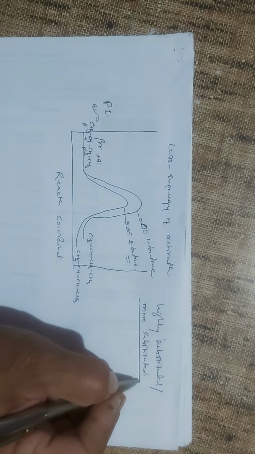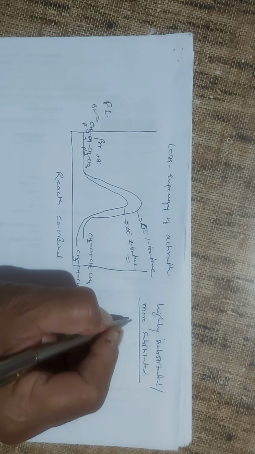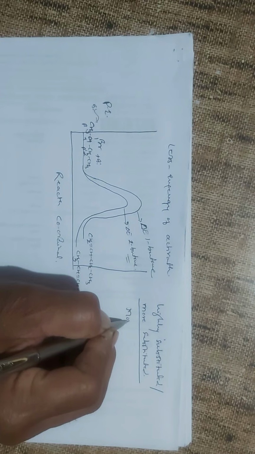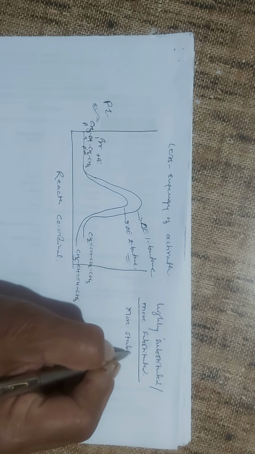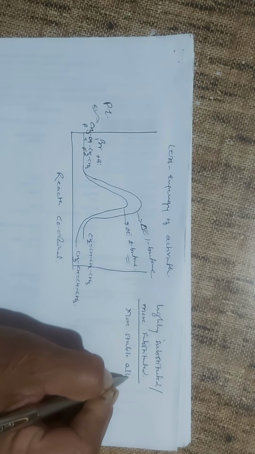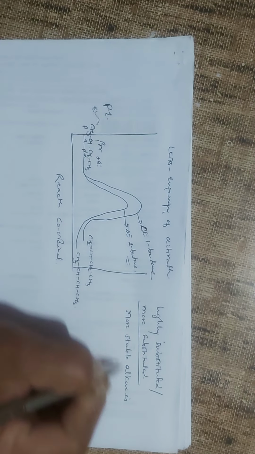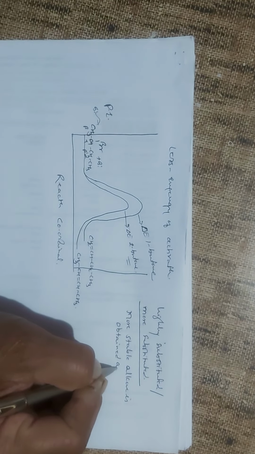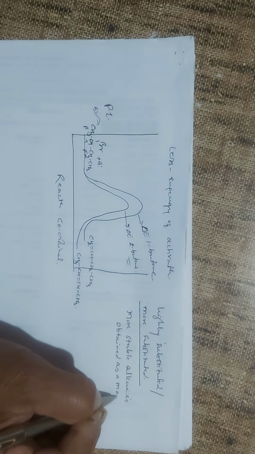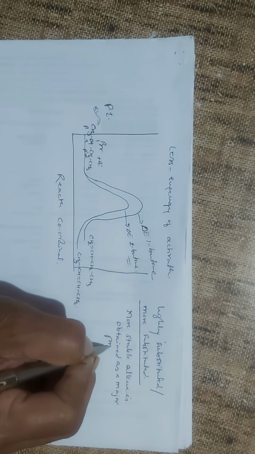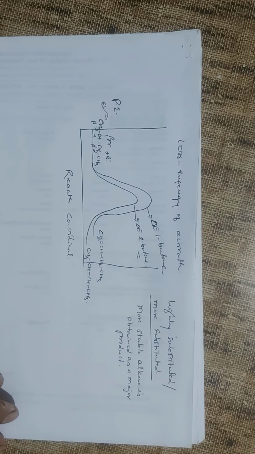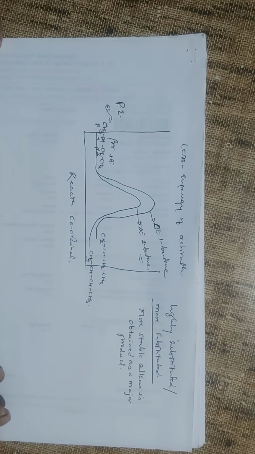So now the statement can be changed: the more stable alkene is obtained as a major product. More stable alkene is obtained as a major product. And so this is the most important thing that we are supposed to keep in our mind.